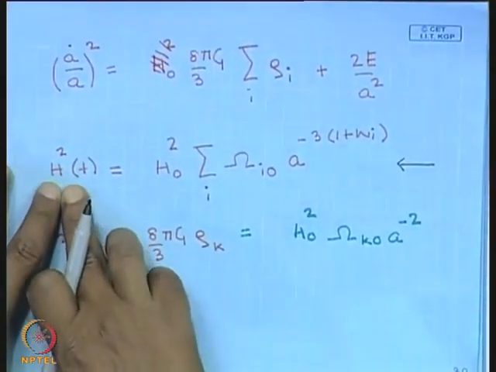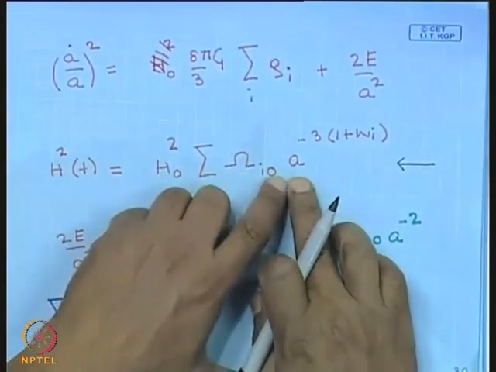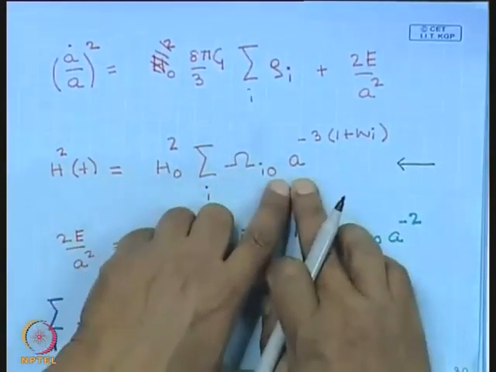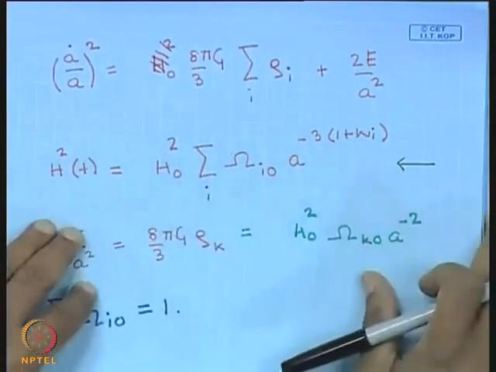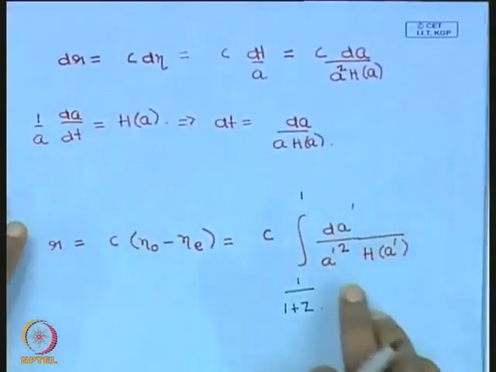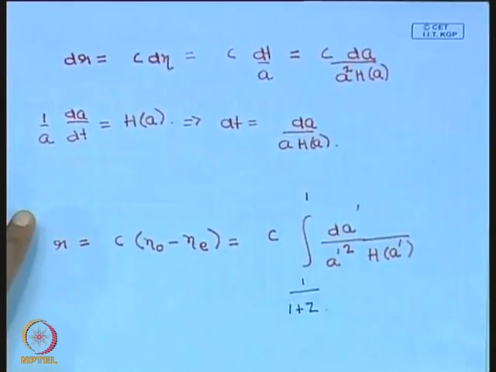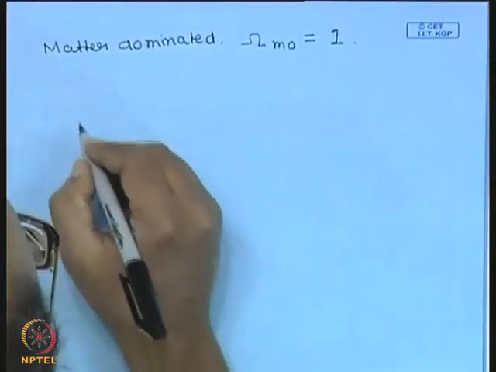So H square is H naught square omega matter a to the power minus 3, since omega matter is 1. So we will put that in here. Let me just write down the integral.